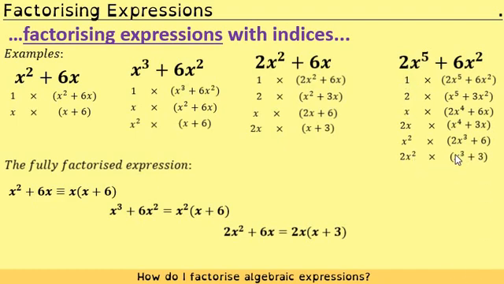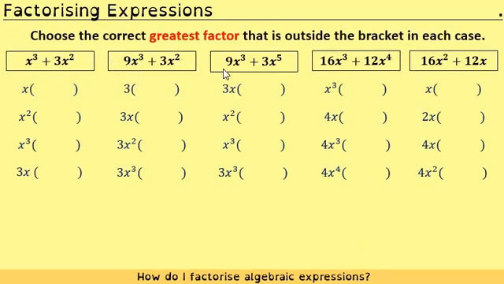And then 6x squared, if I divide through by 2, that leaves me with 3. And x squared divided through by x squared leaves me with nothing. So my fully factorised expression for 2x to the power of 5 plus 6x squared would be 2x squared bracket x cubed plus 3, because this is the expression where I took out the greatest possible factor.